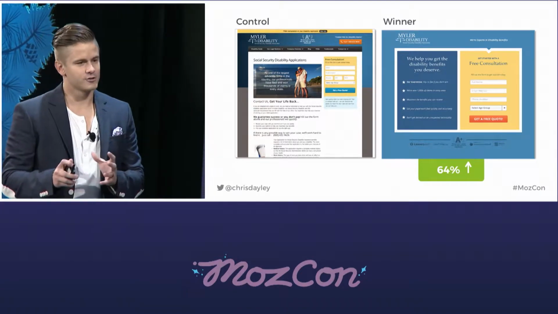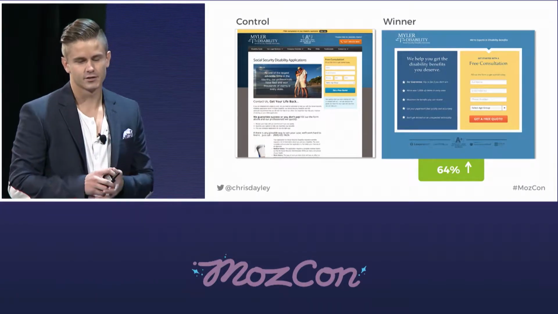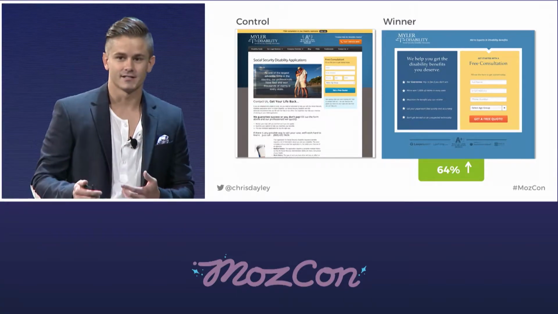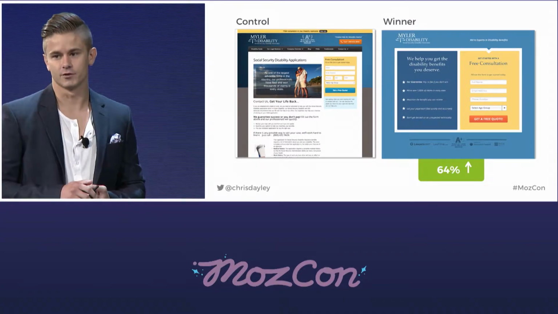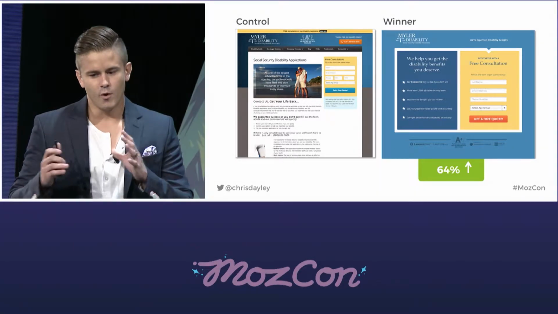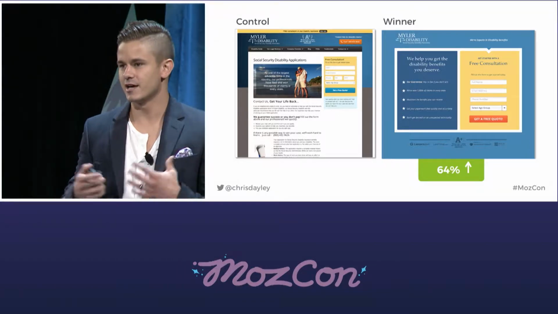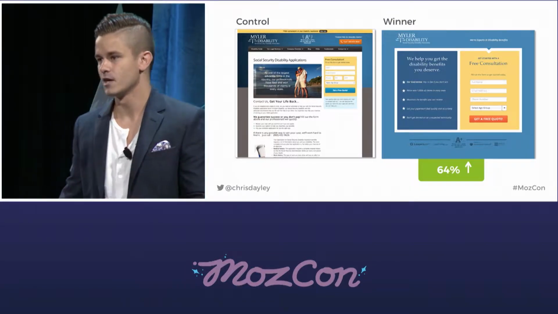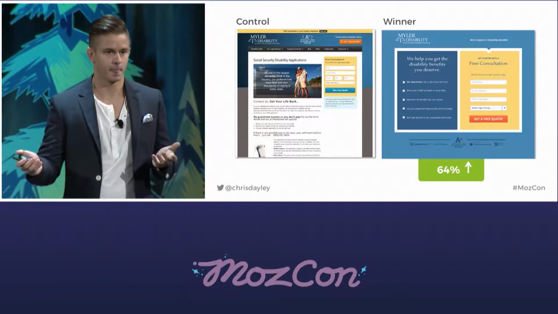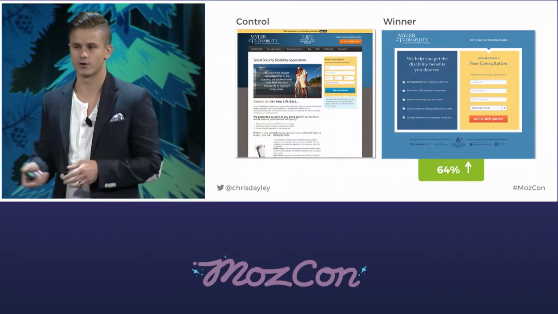But not only that, the interesting thing was after we ran this radical redesign and pushed the winner, we ran a round of headline testing and saw a 20% lift in conversion rate compared to a 3% lift before. So one interesting thing happens when you test in a radical redesign. You effectively reset the tables on your A/B testing efforts, and you give yourself room to continue to grow with your audience.